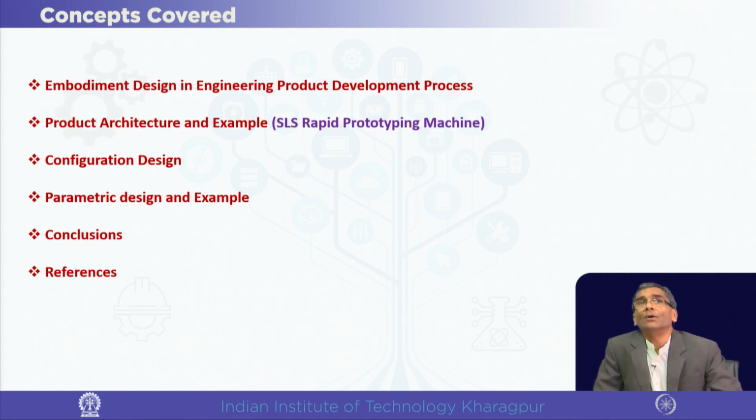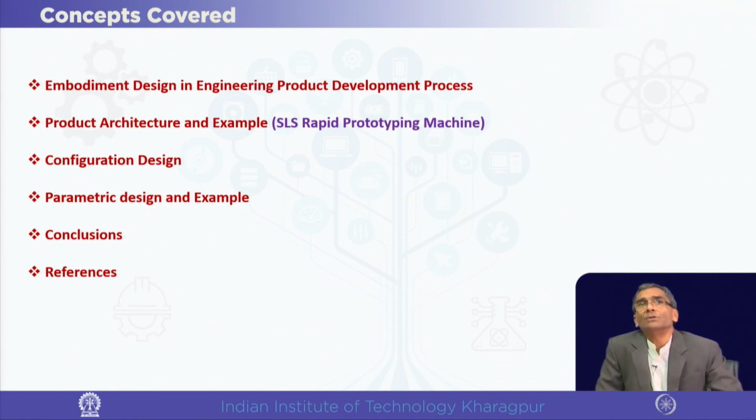Then we will talk about the three major stages in embodiment design, starting with product architecture, with an example. We will take the example of the development and architecture of a laser sintering rapid prototyping machine.